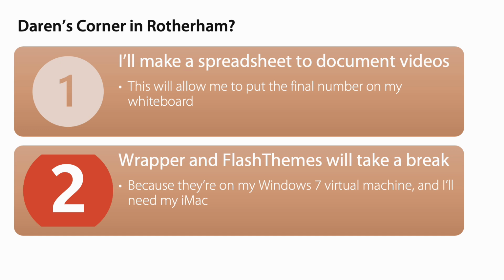I'll do a spreadsheet and a Word document, so I can then work out what I've added, what I've completed, and then write down exactly what I've done and what video ideas I've got after that.